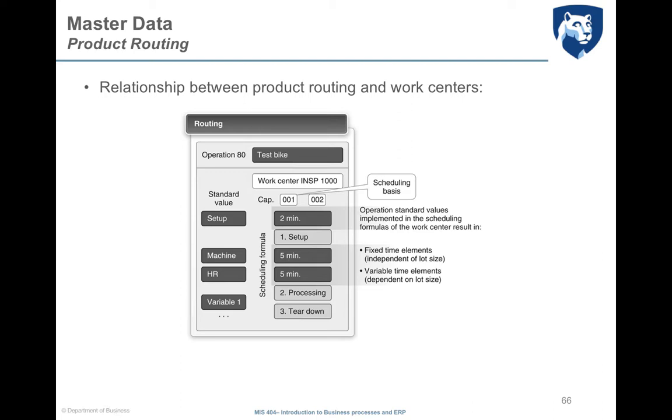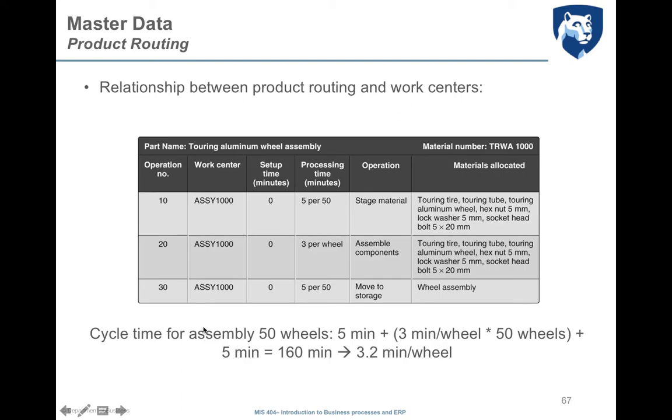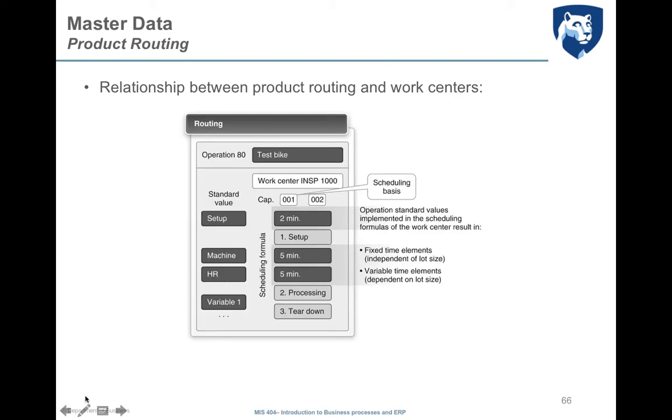As we discussed in the previous section, operations are completed in work centers, and there is a relationship between the 2. In particular, this figure shows the relationship between operation 80 test bike and the work center inspection 1000.